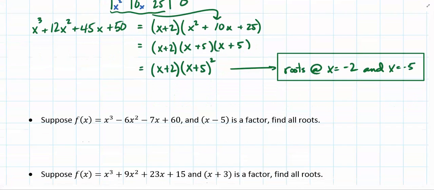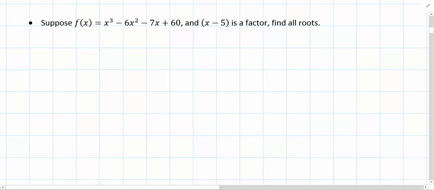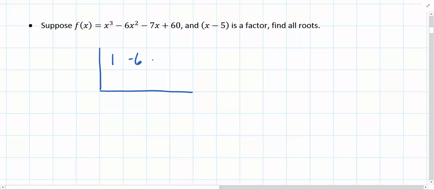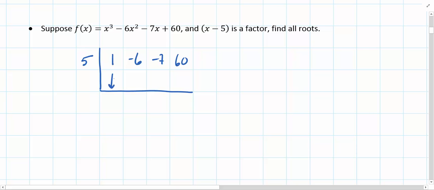Let's look at another example. We have another polynomial here that can be set up with synthetic division, and we know that x minus 5 is a factor. So I'll use the coefficients 1, -6, -7, and 60, along with a +5 in the front, and complete the synthetic division.